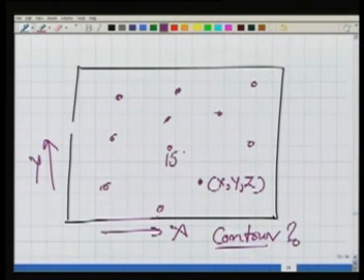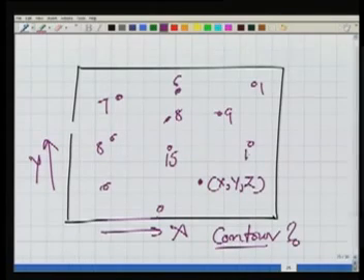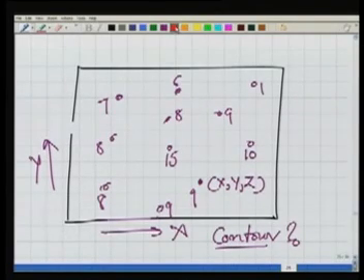It is 15 meter, 8 meter, 7 meter, 6, 8, 9, let's say 10, here it is 9 and 9 and 8. Let us say you are interested in plotting a contour of 10 meter.